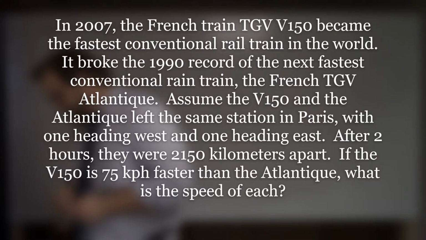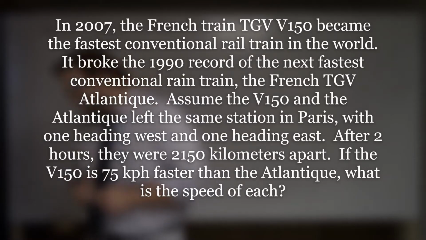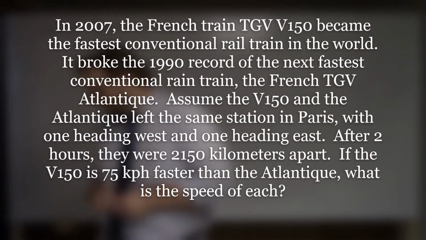It broke the 1990 record for the next fastest conventional rail train, the French TGV Atlantique. Assume the V150 and the Atlantique left the same station in Paris, with one heading west and one heading east. After 2 hours, they were 2,150 kilometers apart. If the V150 is 75 kilometers per hour faster than the Atlantique, what is the speed of each?